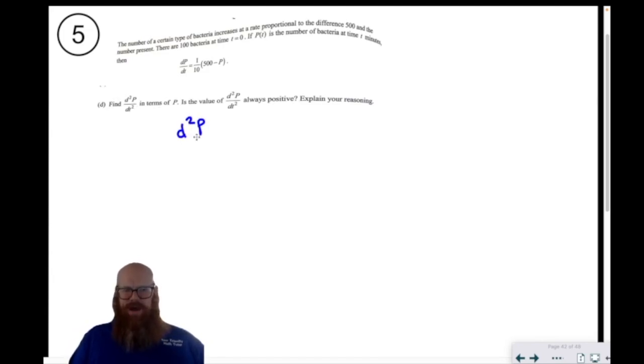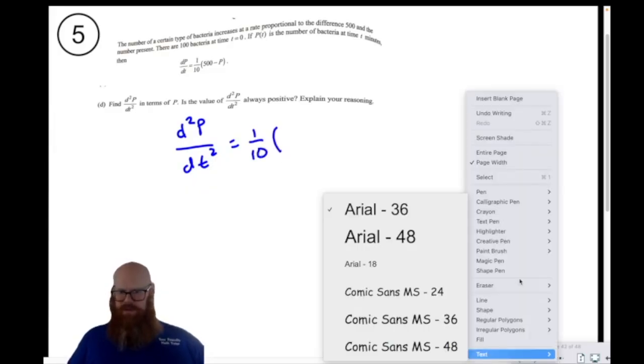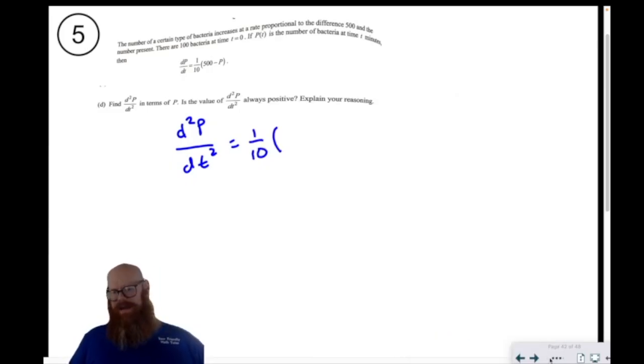So if I want to find the second derivative, that's just the derivative of this. That's 1/10. Nope, that is not 1/10. I guess I could look at it that way, so let me do that. So it's 1/10 times the derivative of this. Well, the derivative of 500 minus p is negative dp dt. The derivative of p is dp dt. So I really get negative 1/10 dp dt.